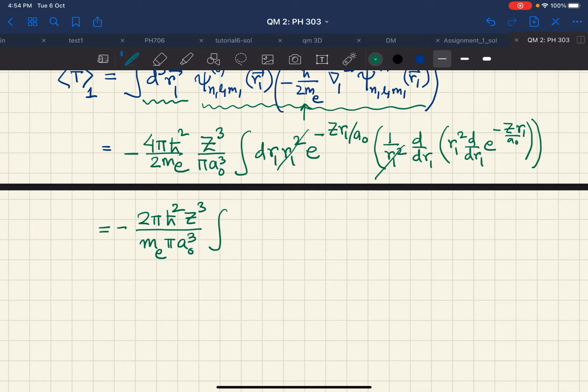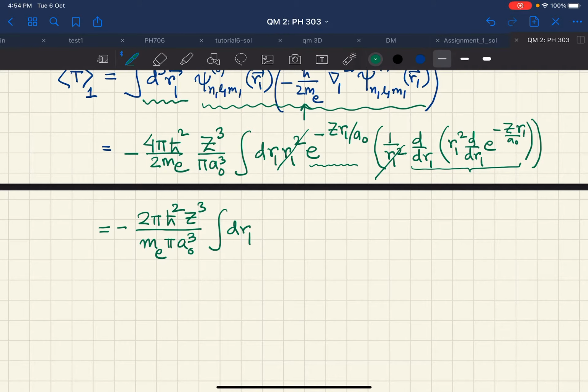We will have dr1 into e to the power minus Z r1 by a0, but before that let us actually evaluate this part.